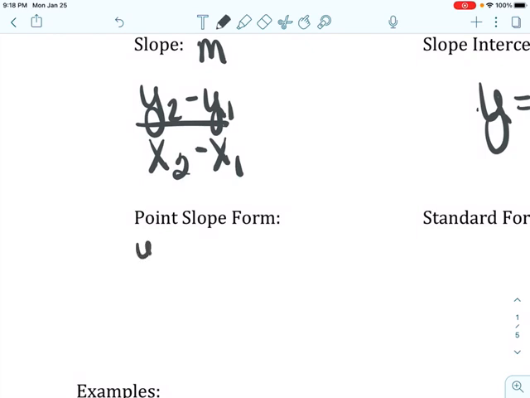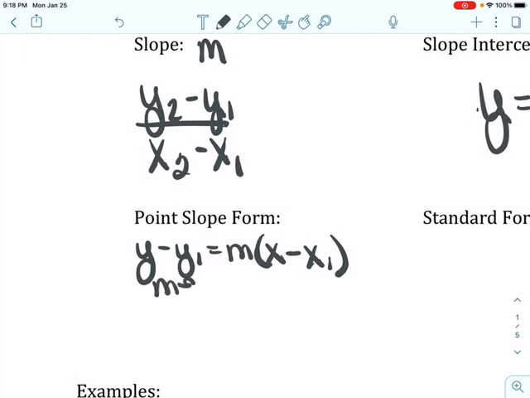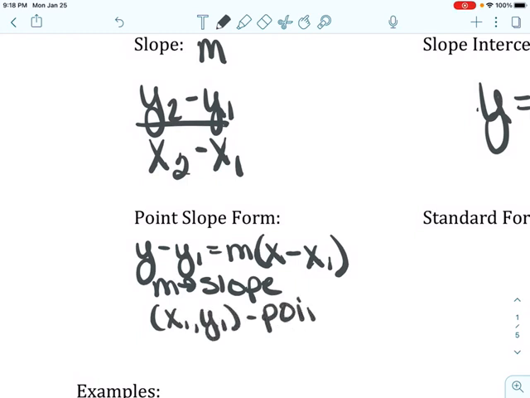Now, point-slope is another form. Again, we're given a point and slope, hence the name. And some people use this. It's not as prevalent as y equals mx plus b. So m is your slope here, and (x1, y1) is a point on the line.